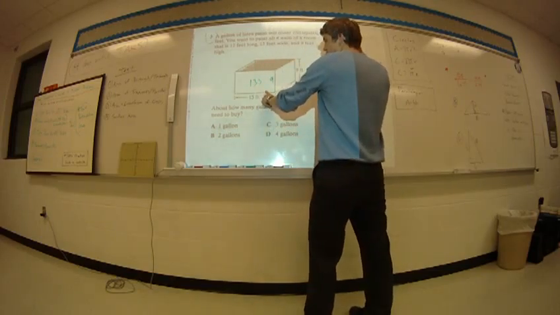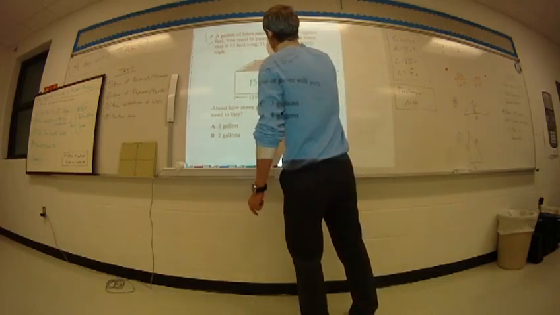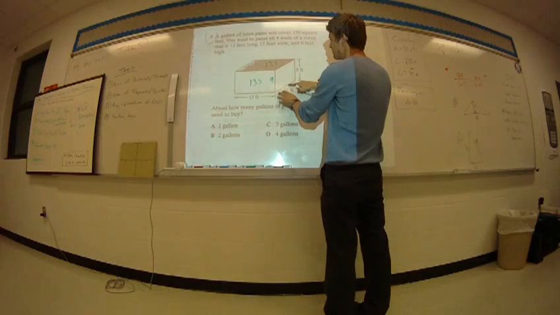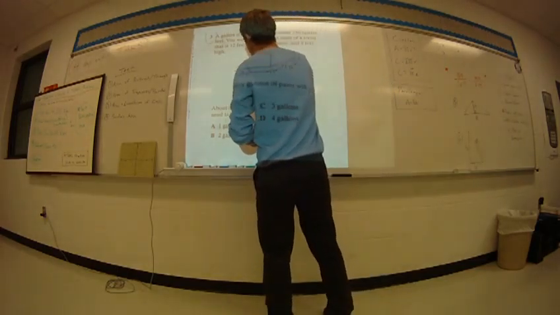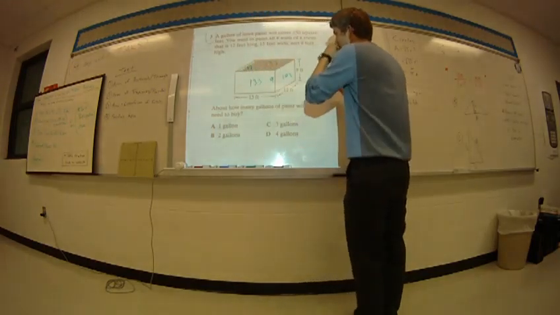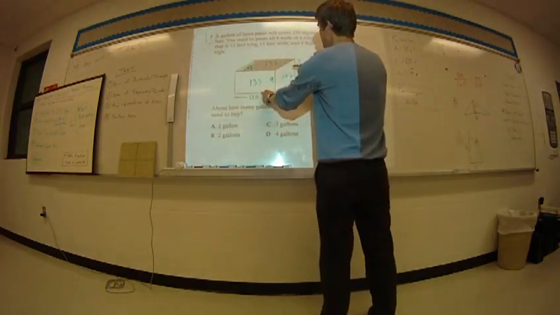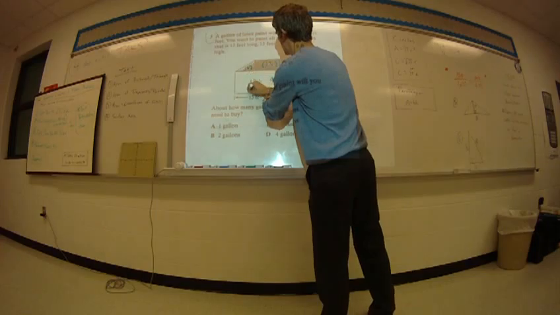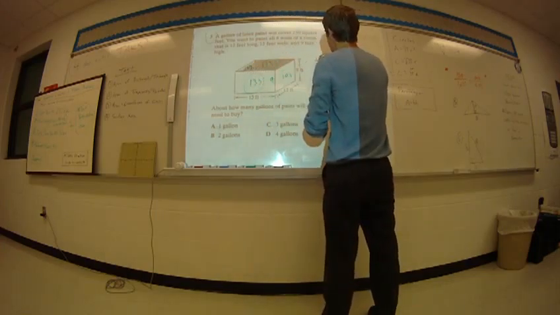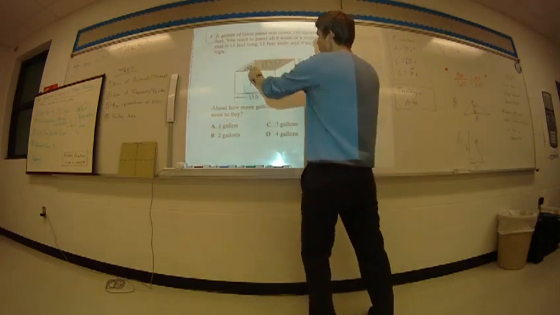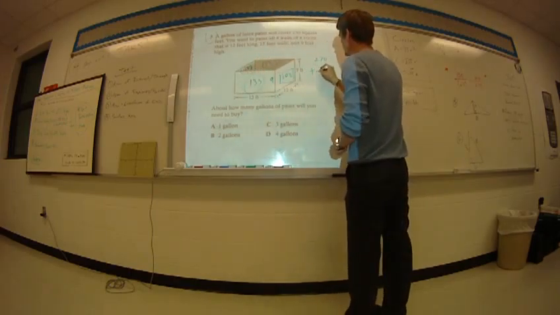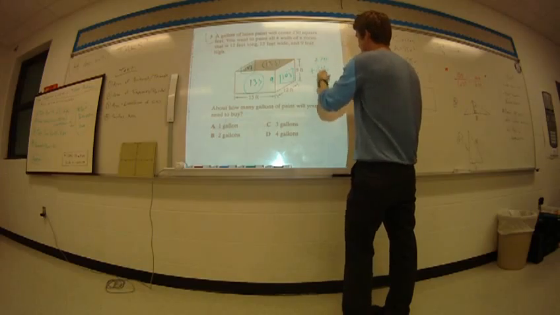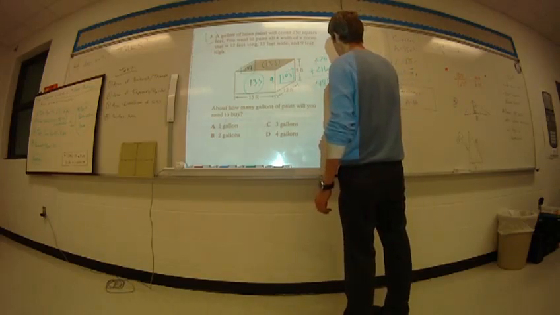Now, if this is 135, the one in the back is also 135. Then let's figure out this side. 12 times 9 is 108. If this one's 108, then this one's 108. Let's add them all up. 135 and 135 together make 270. Then 108 and 108 together make 216. You add all this up, you're going to get 486.